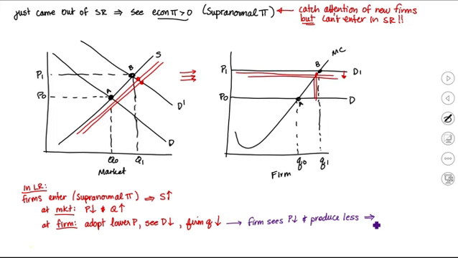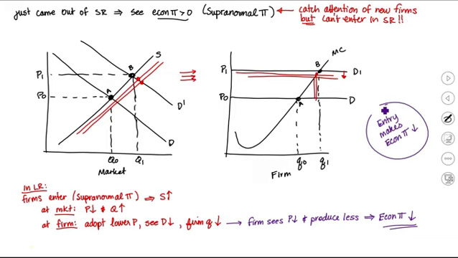They're shrinking, right? Good. So economic profits are falling. So guys, what conclusion can I make here? Entry makes economic profits go down, right? Entry makes economic profits go down.